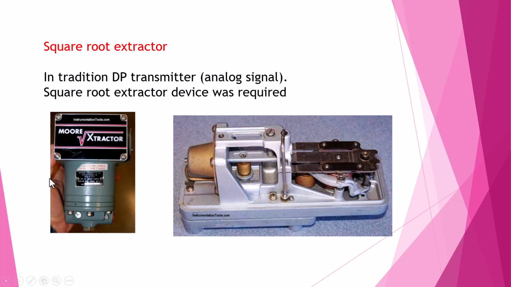This is called the square root extractor, and it is built from components inside. But now in modern smart transmitters, all transmitters have the square root extractor calculation, so most of the time we never see this one.